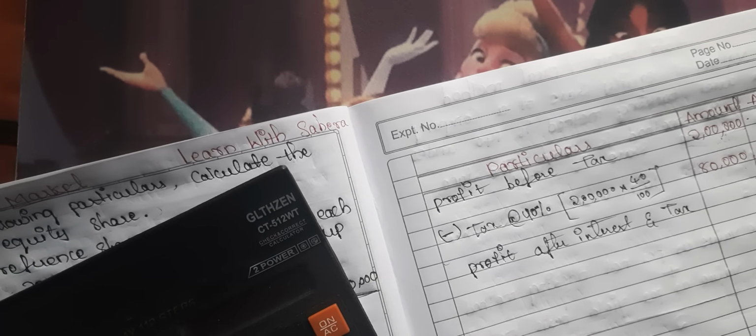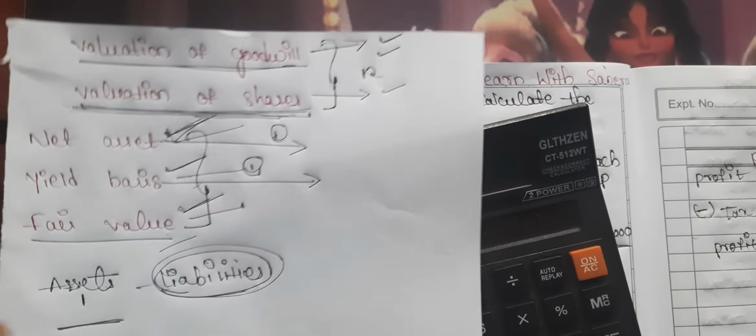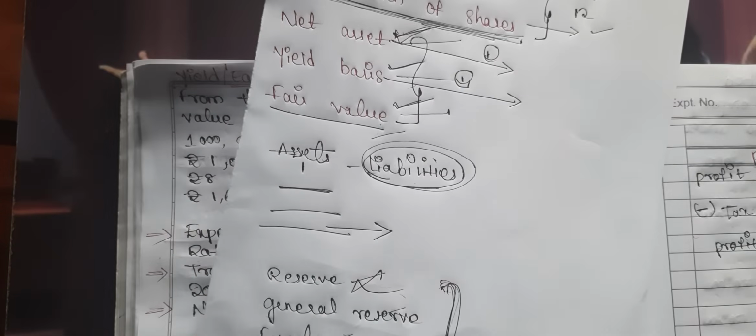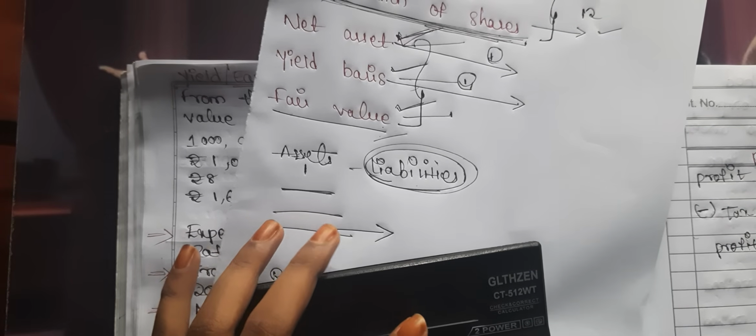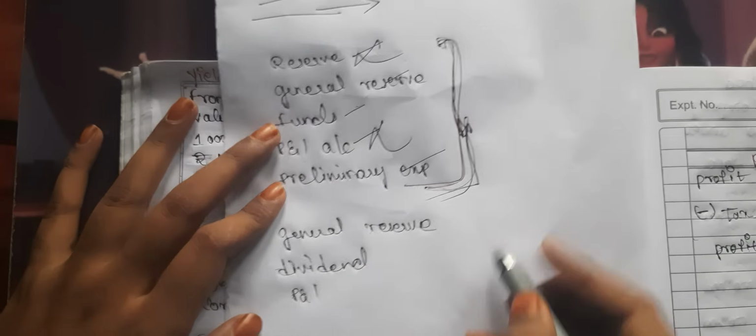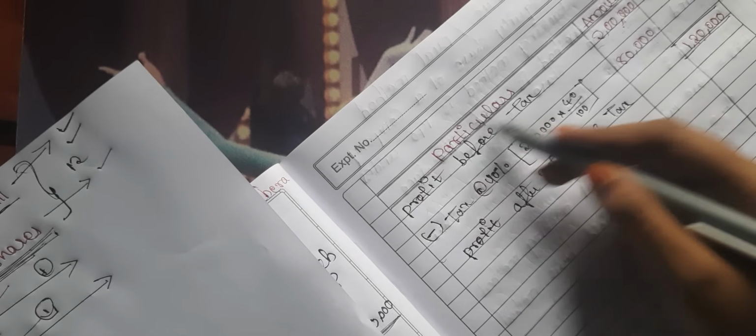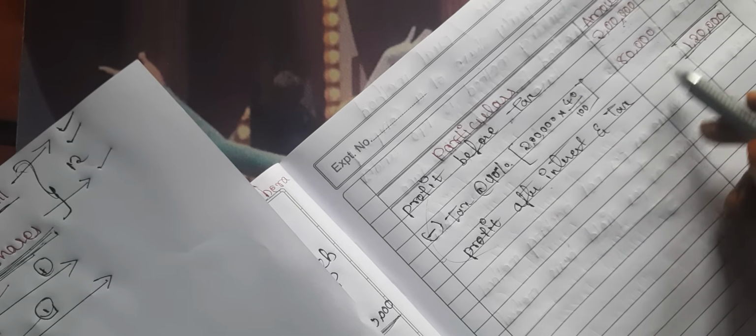After this, what are we going to do, students? One more thing here. If we have any general reserve, or if we have any dividend, or if we have any P&L amount, we need to take this here in the proforma after calculating the profit before tax and after the tax we are getting the profit.